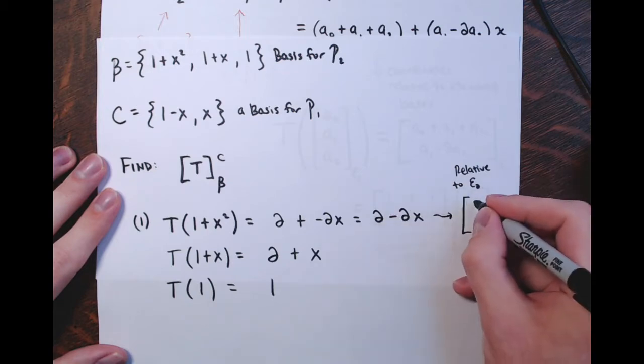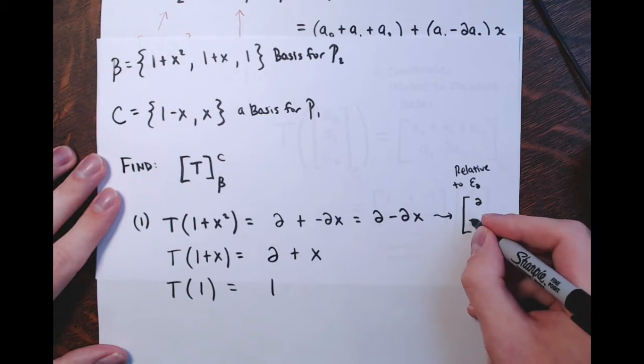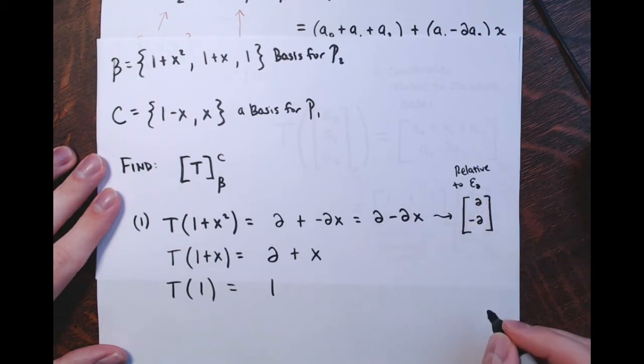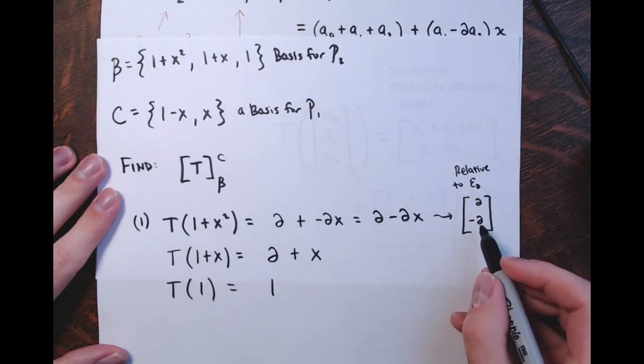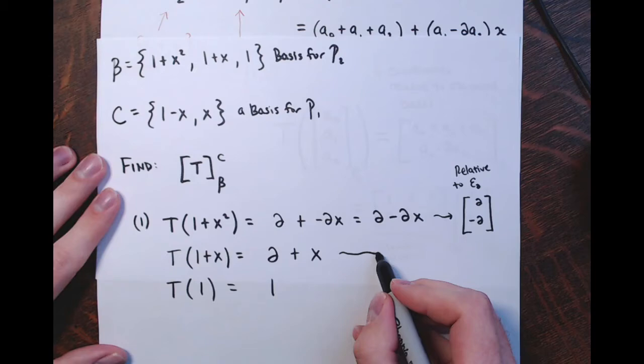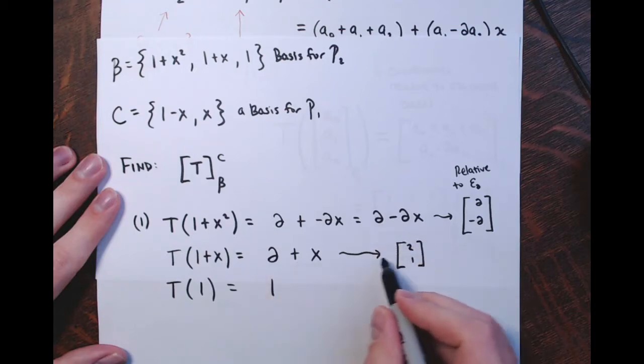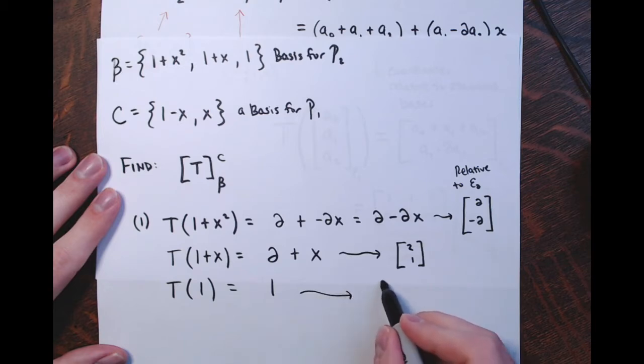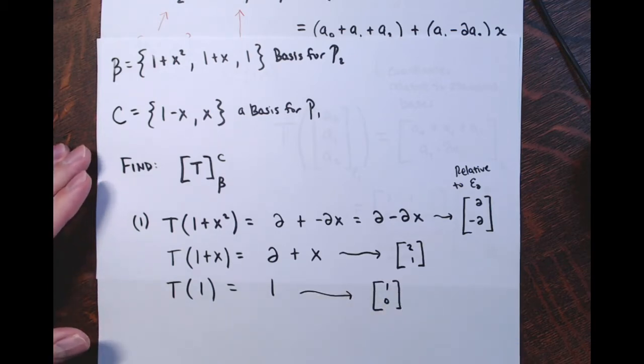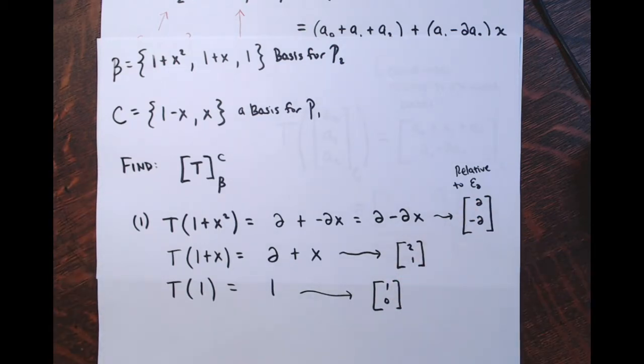Now this is 2 times 1 and negative 2 times x. So this is going to be the first column on the right side of my augmented matrix. And when I change this to coordinates, this would be 2 then 1, 2 times 1, 1 times x, and then this would be 1 then 0, 1 times 1, 0 times x. All right, so I'm going to keep these in mind.